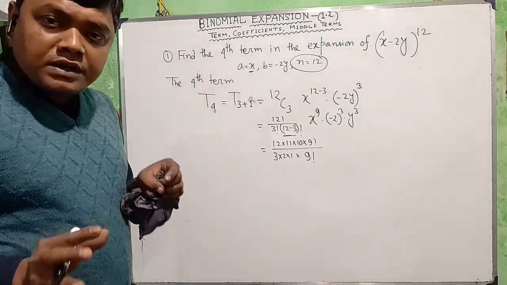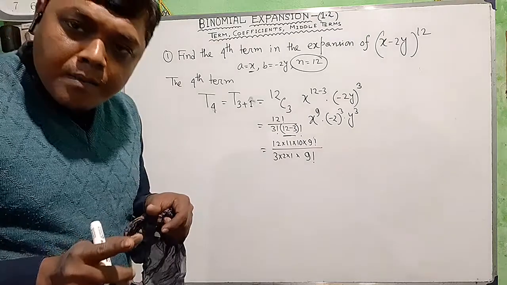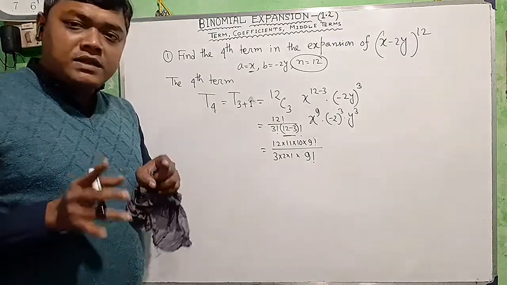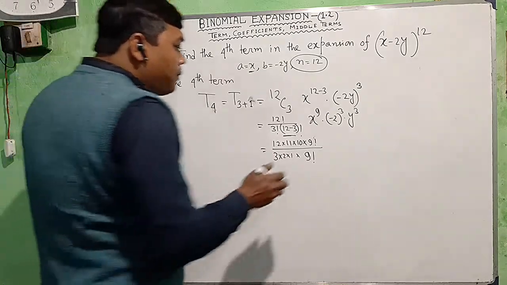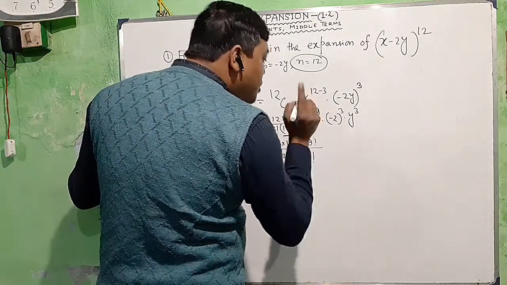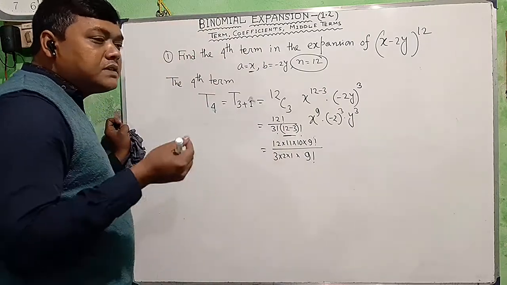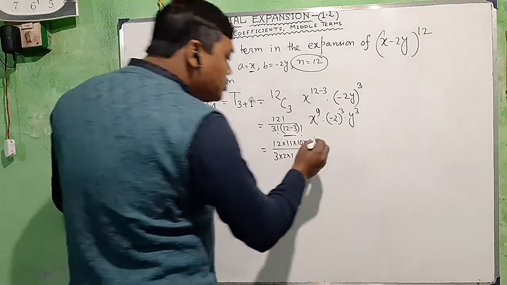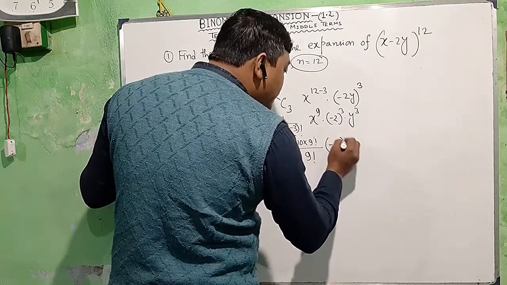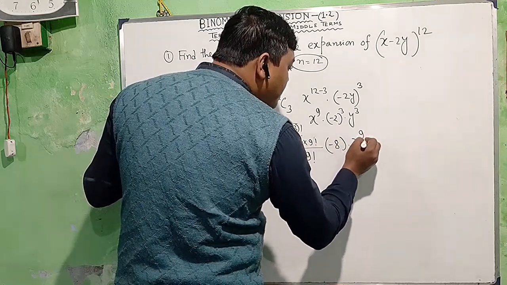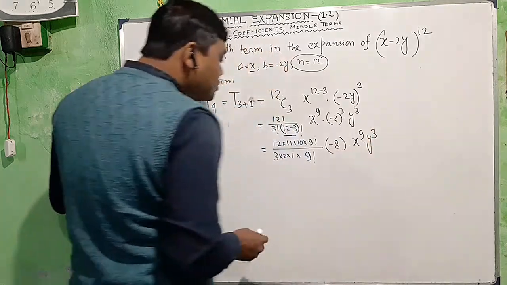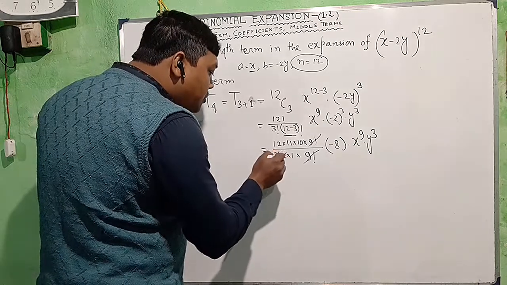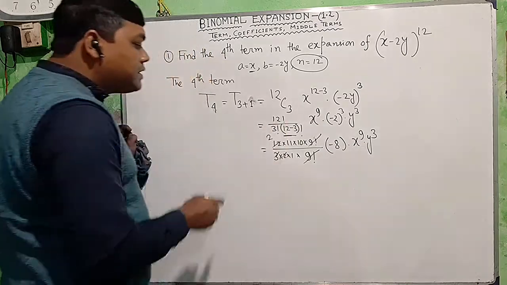Okay, I have already discussed this in the permutation and combination video, the nCr, nPr video. You can see that video. And (minus 2) whole cube, that means if I multiply minus 2 three times, we will get a negative sign also. So we get minus 8 into x to the power 9 into y cube. So now 9 factorial cancelled, 3 and 2 cancelled, 2 sixes are 12.